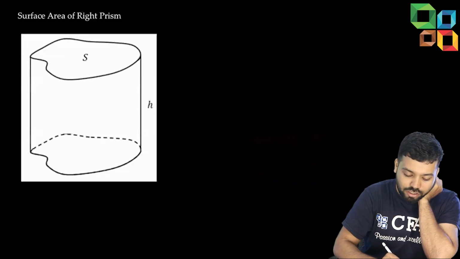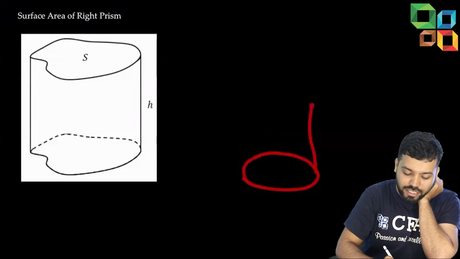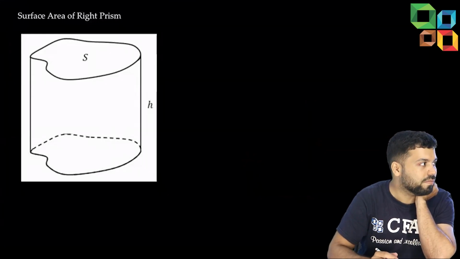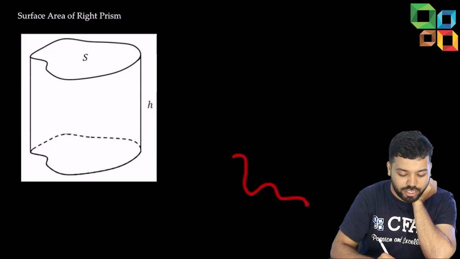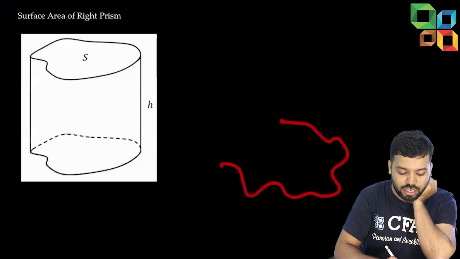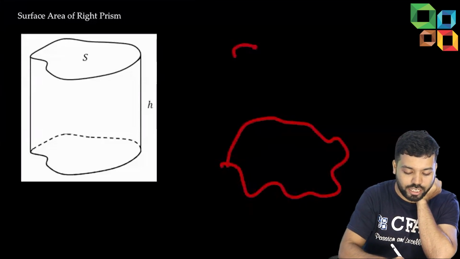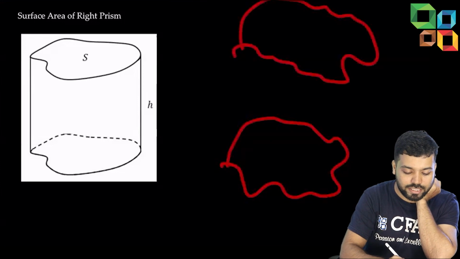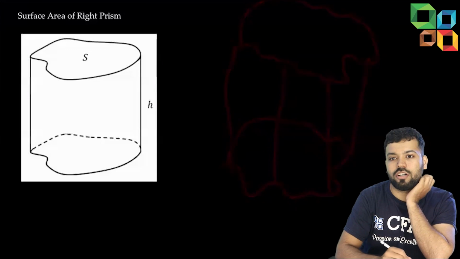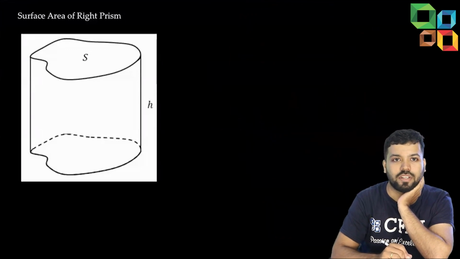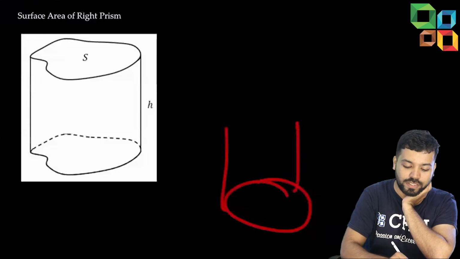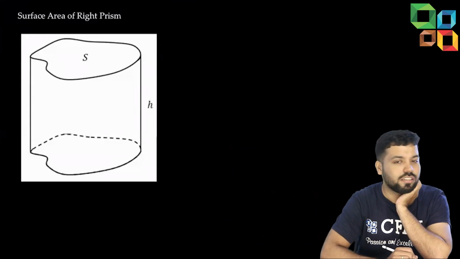Now, if the base and the height are at 90 degrees, they are called right prism. But the base need not be circular. So we can have similar bases on top and bottom. Now, if you connect each and every point, they are called right prism. If the base is circular, they are called right circular prism or cylinder.